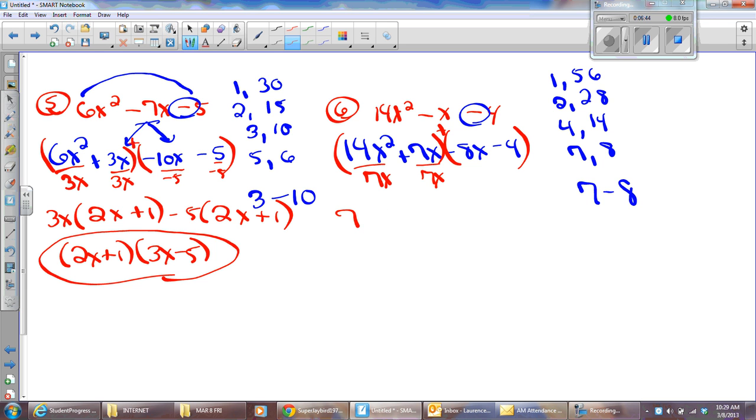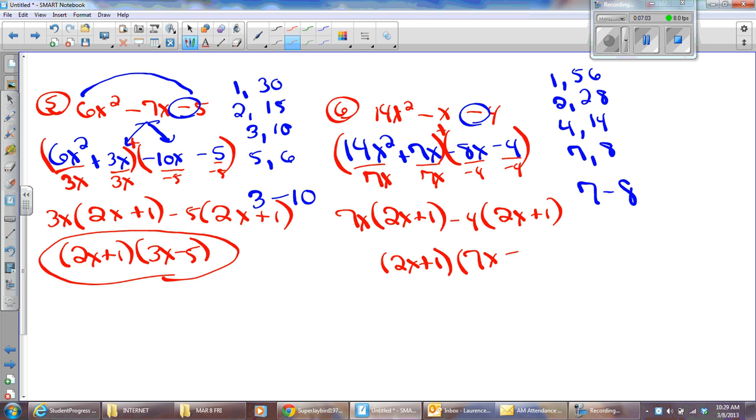Okay, I'm going to get a 7x times the quantity of 2x plus 1. And then here I'm going to GCF out a negative 4. Okay, the negative 4, and I'm going to get a 2x plus a 1, and that of course gets me the quantity 2x plus 1 times the quantity of 7x minus 4, and we are done.